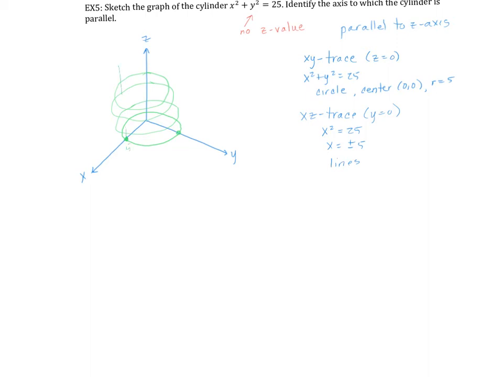And I'm going to draw my line. And then if I were to go to 5 on the other side and draw my line, I can see that this is probably going to end up being a cylinder. Oh, that's the worst drawing I've ever made, I think.